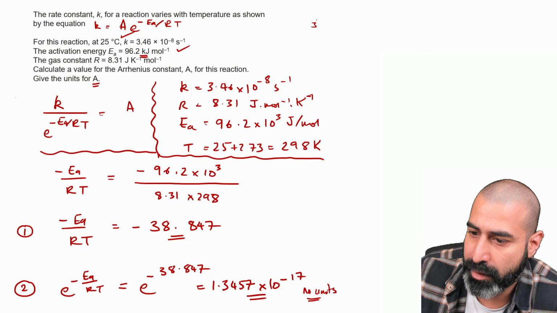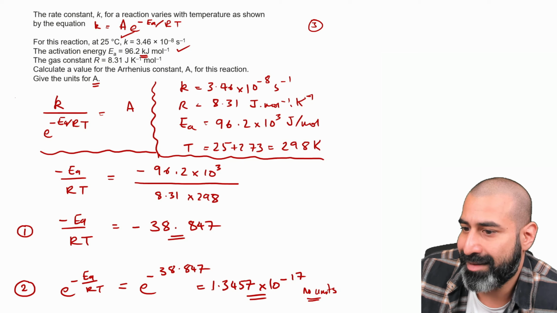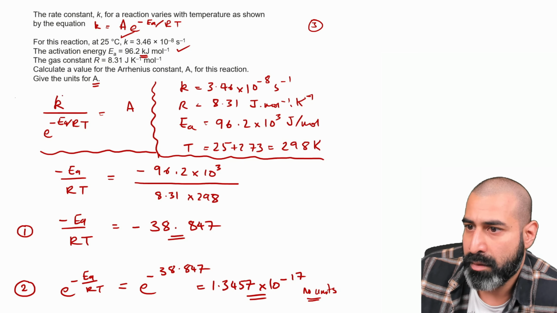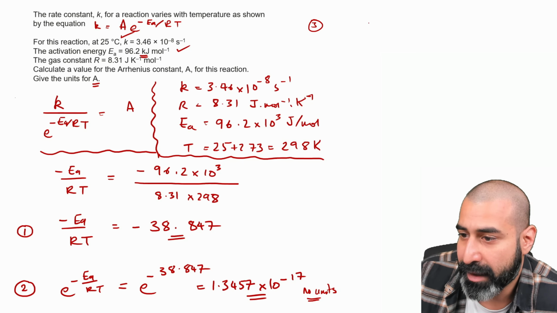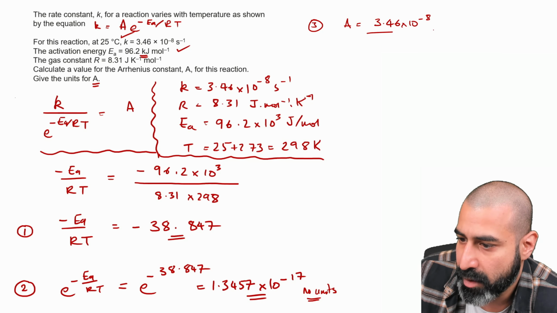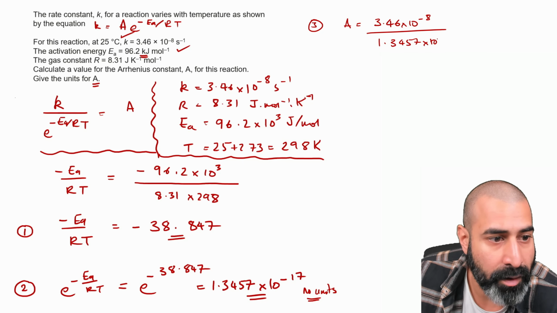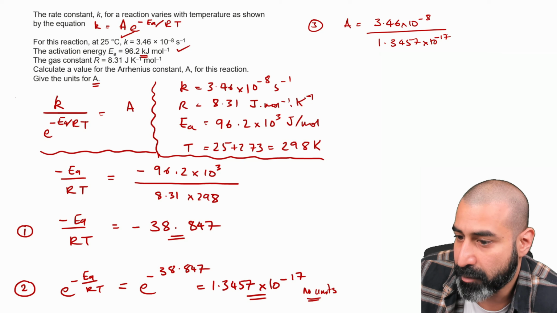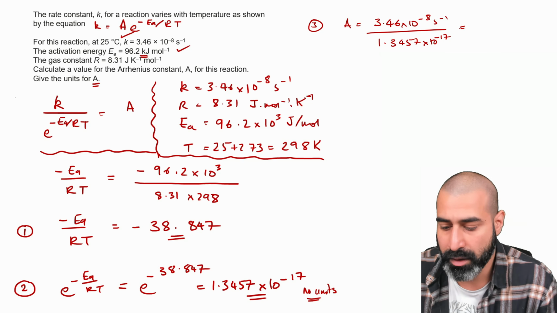And then finally, we're dividing. We've got k, and we're going to divide k by that number. So A is going to be equal to 3.46 times 10 to the minus 8, all over 1.3457 times 10 to the minus 17. And by the way, k has units of per second, so s^-1.